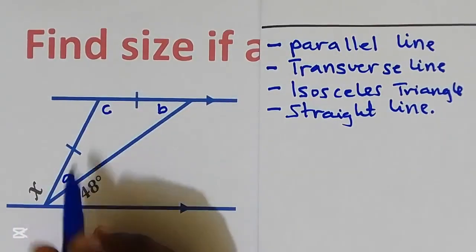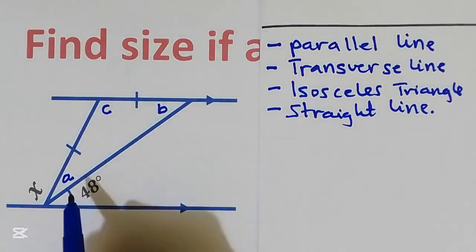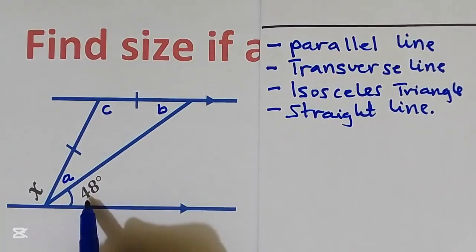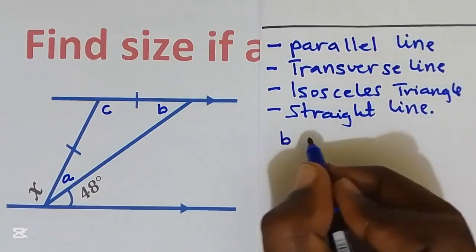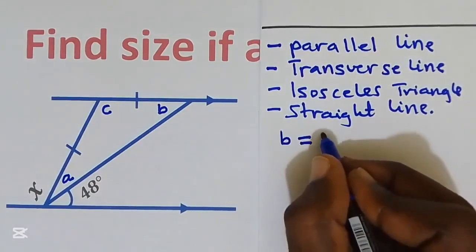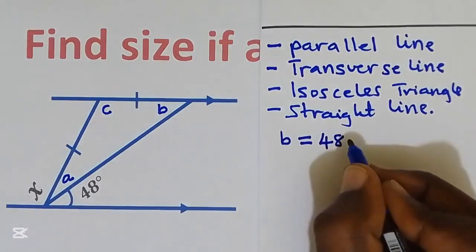As you can see, angle B and 48, they are alternate to each other, so they are equal. So we say B is equal to 48.